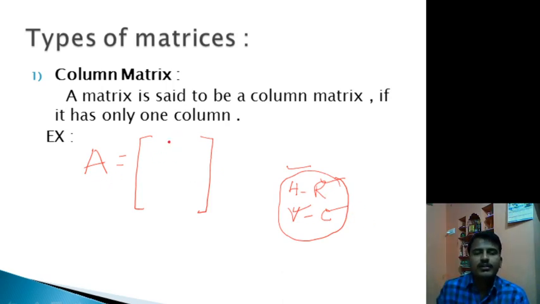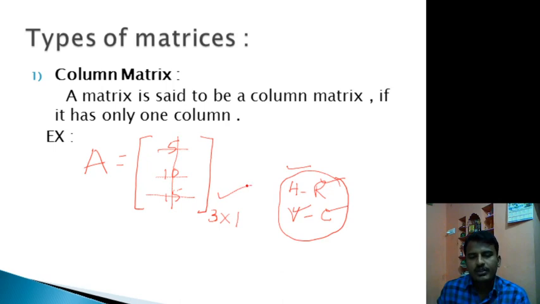Now here, 5, 10, 50. It means what? How many rows? 3 rows. How many columns? Only one column. See here, 1, 2, 3. 3 rows and only one column.